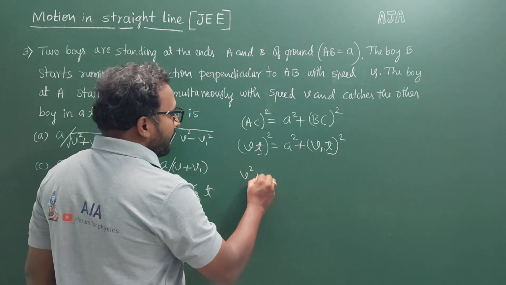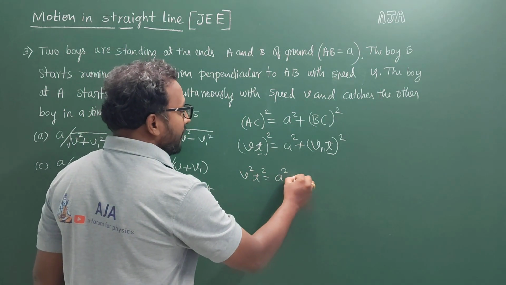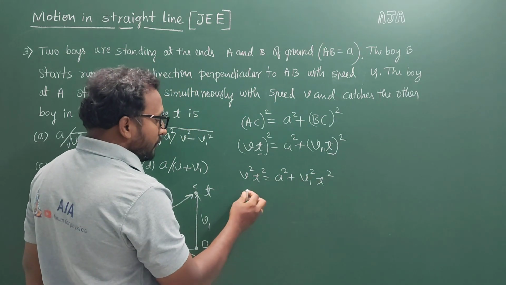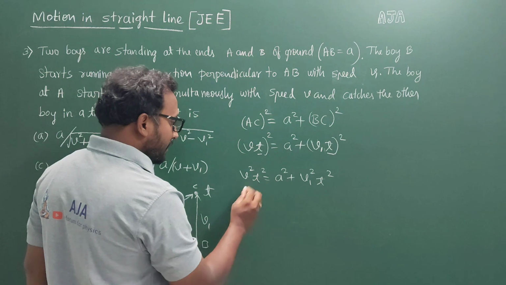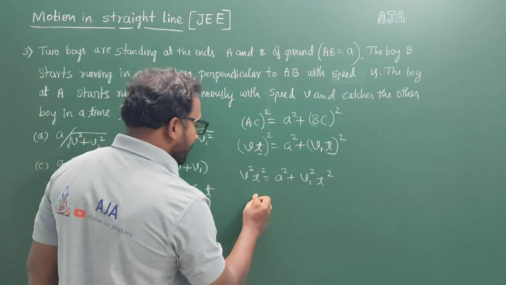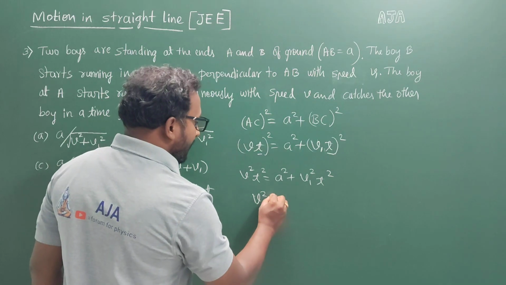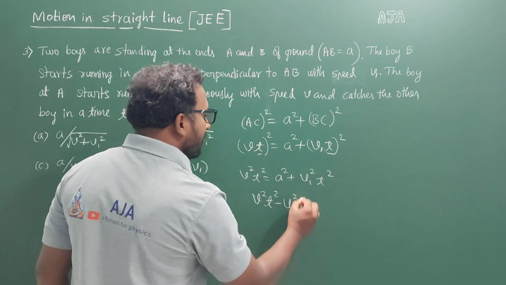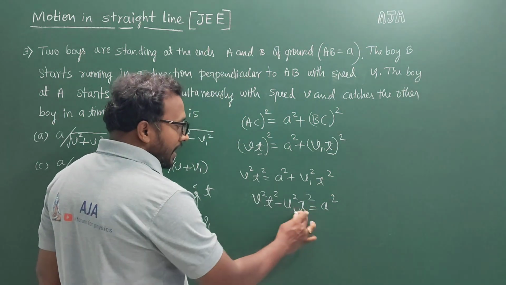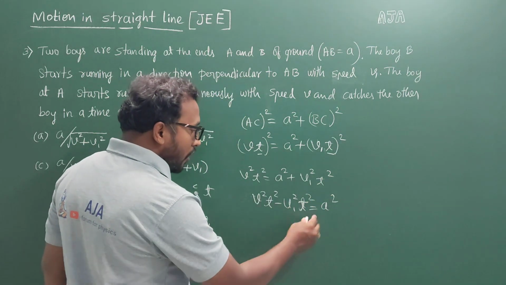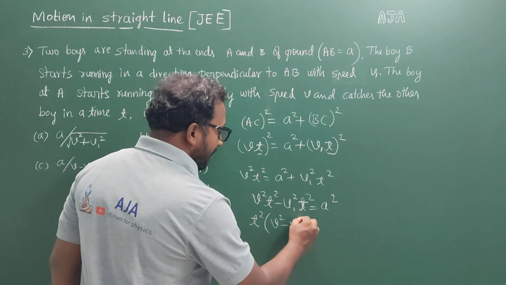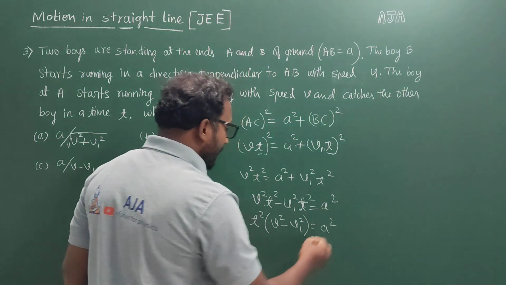So therefore v square t square is equal to a square plus v1 square t square. So you can write it as v square t square minus v1 square t square is equal to a square. I'll take this t square common. So t square, and inside the bracket it is v square minus v1 square, is equal to a square.